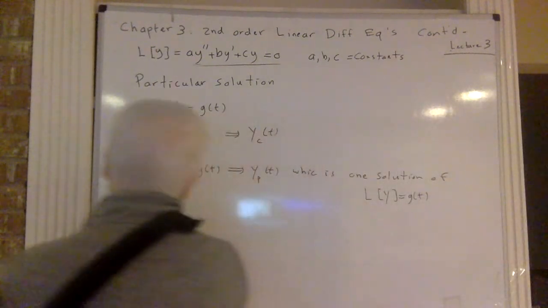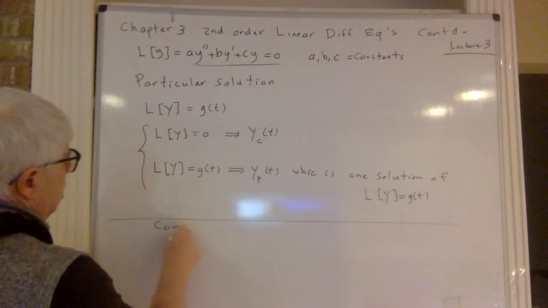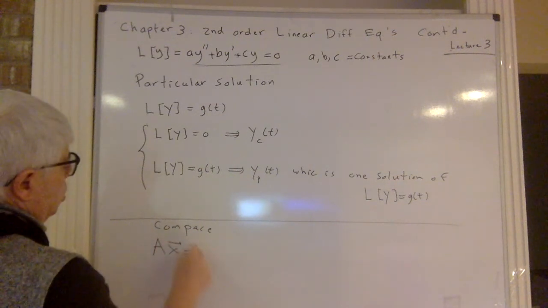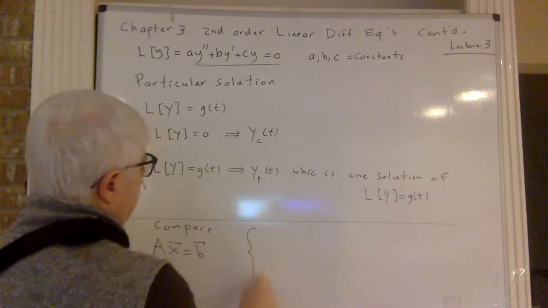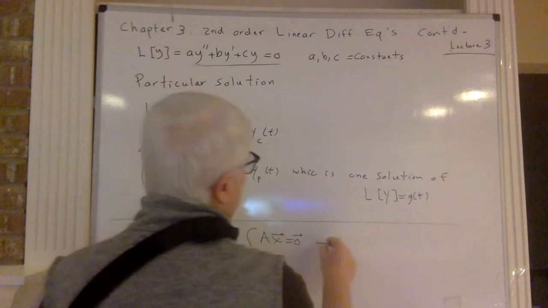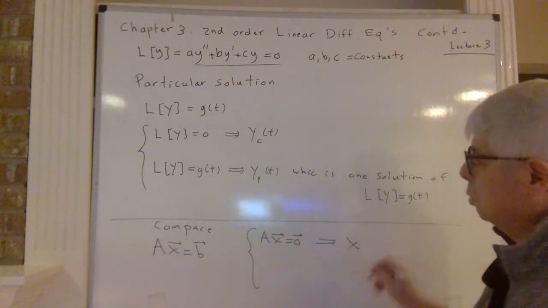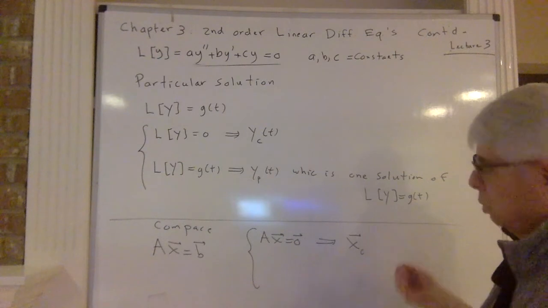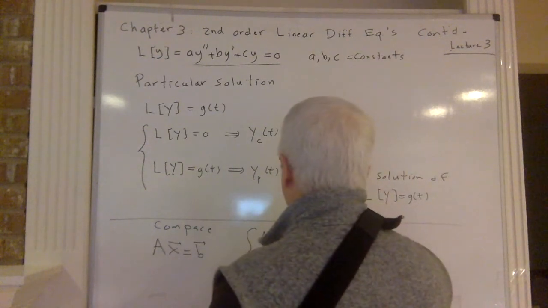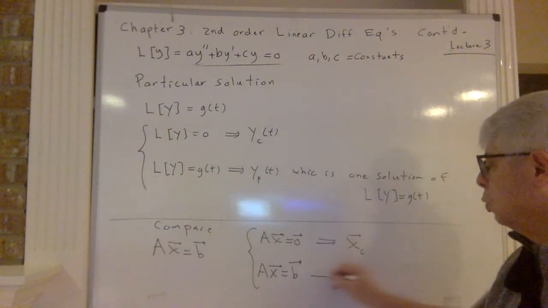Now let's compare with the situation that we had in linear algebra. When I had AX equals B, that's what we would do. We would solve this thing, and that would give me X homogeneous, where let's call this complementary like the other one. Then I would solve this and find just one solution.